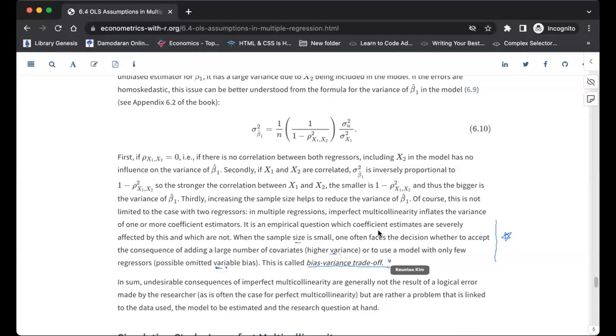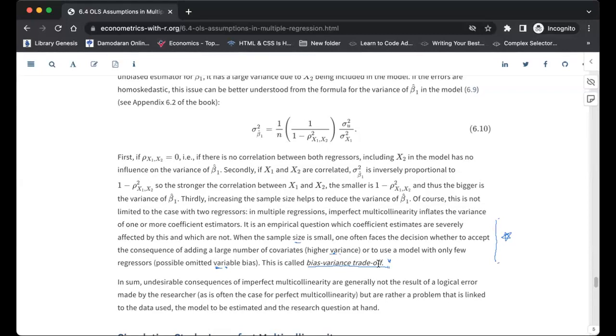So that trade-off should be kept in mind. Especially this might happen when we have an in-depth interview survey and only have a very small sample size, but we have too many regressors added into that model. We have to think about whether to reduce our regressors to reduce the dimensions and the bias, or include all of the regressors and try to fit the model.